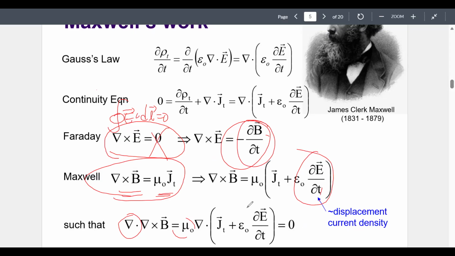In the book, this is called the displacement current, because this is basically dE/dt. What does that mean? It means it's not a real current. There's no free charge going from one location to another. It's the polarization oscillating over time that makes it appear the charge is moving, but it's not really moving.